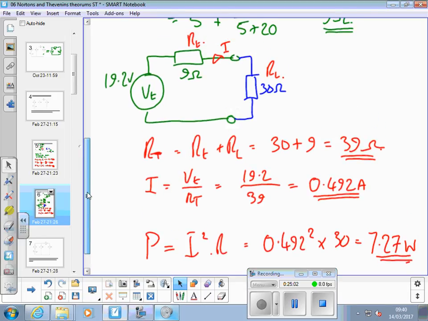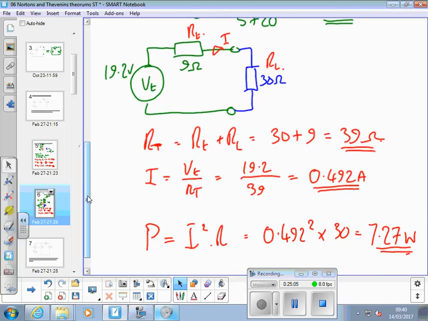Very simple series circuit. Then we could also use it for a 20 ohm resistor, 100 ohm load resistor, and so on.